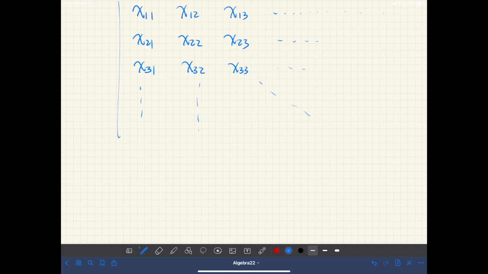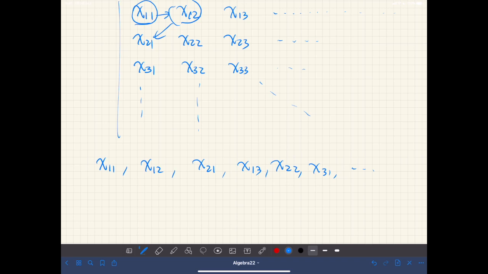For example, first we write x11, this element, and then we write x12, that's this element, and then x21, this element. So we go from here, then x13, x22, x31.